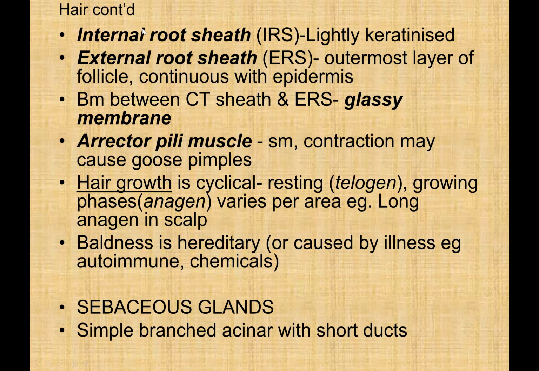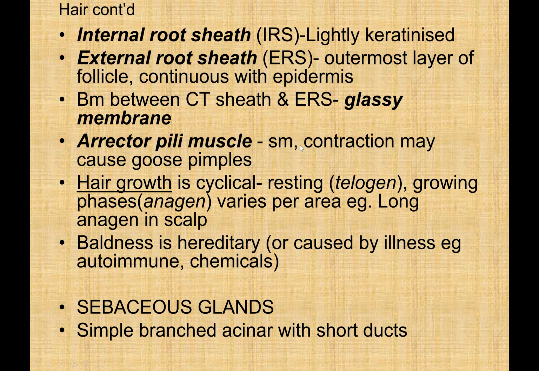Then one thing we also have to know is that we have the internal root sheath of the hair, which is lightly keratinized, and then the external root sheath, which is also a bit keratinized, but not as much as the internal root sheath. It is also continuous with the epidermis.